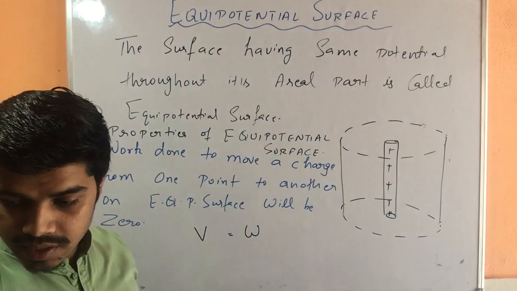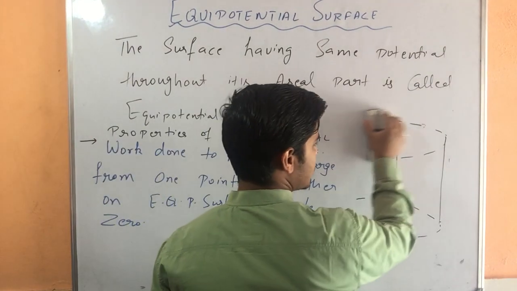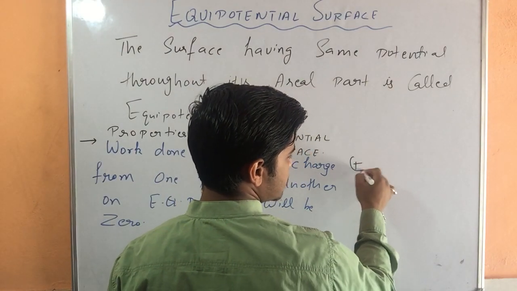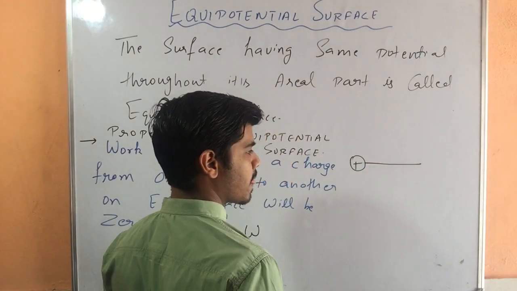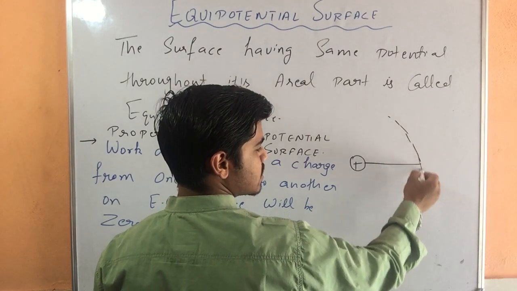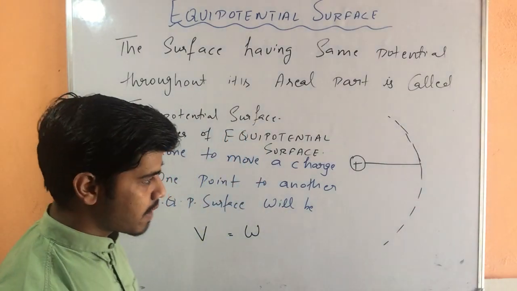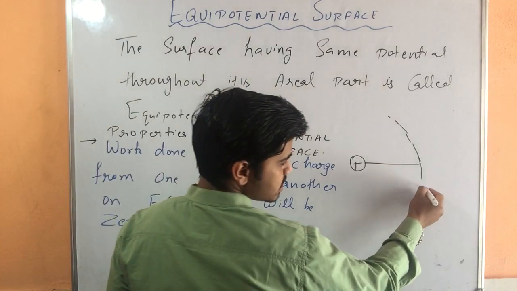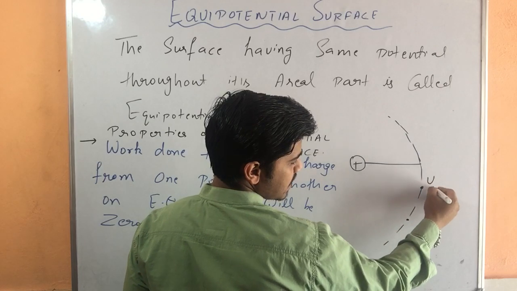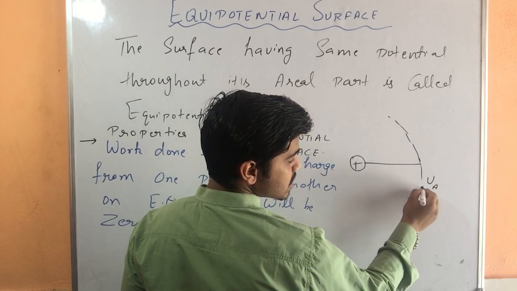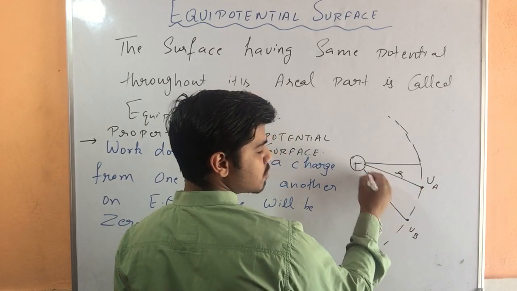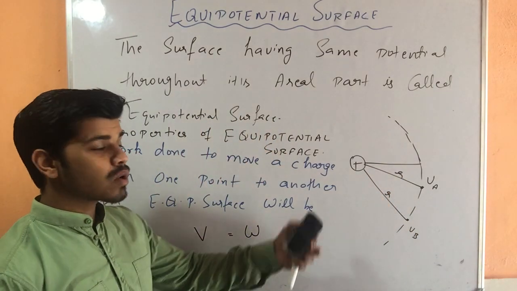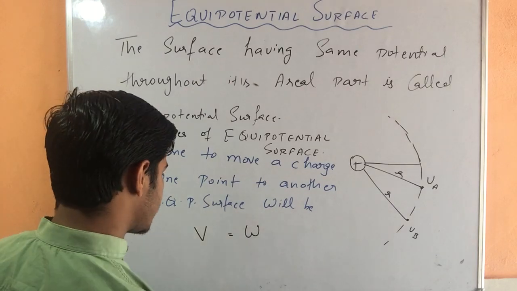Let us consider a single charge, which has a Gaussian surface, spherical in nature. Let us consider 2 points, A and B, which are at distance r from the charge, and both are on the radius of the Gaussian surface, or we can say the equipotential surface.